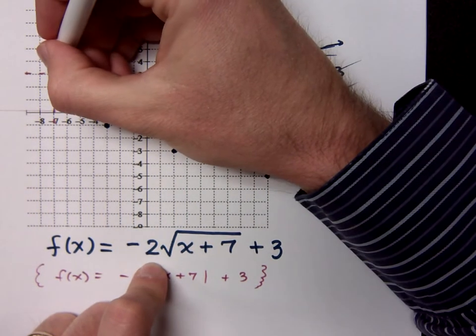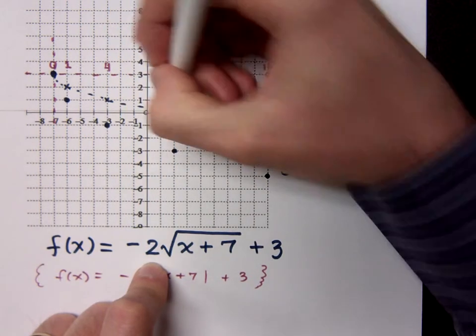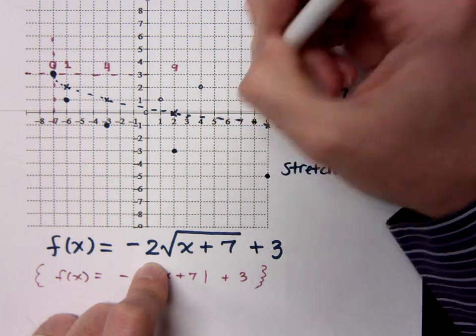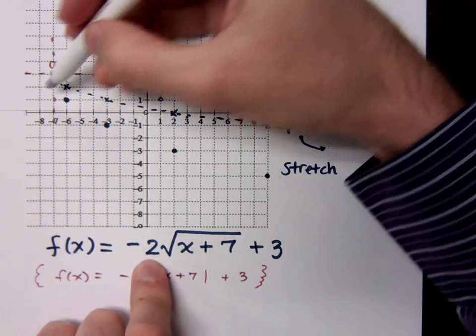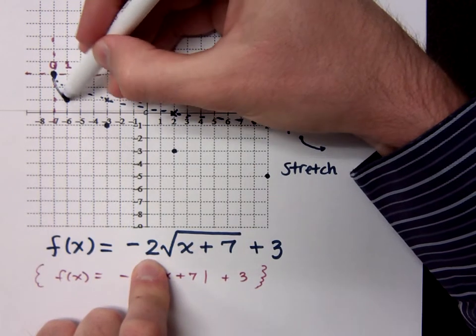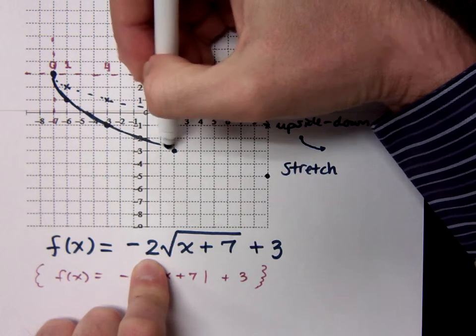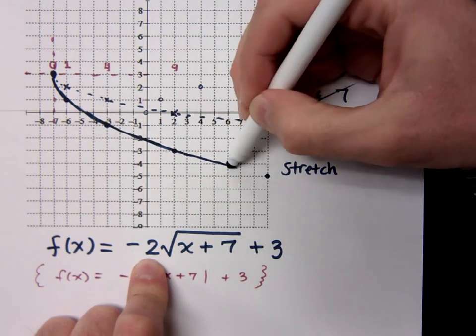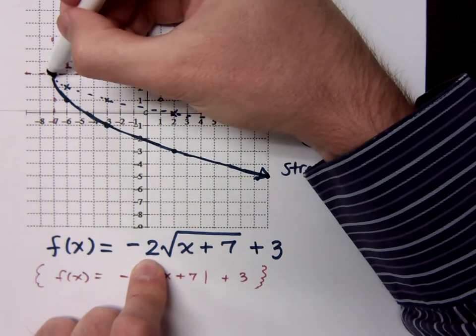If I had not applied this stretch, then you would have had a graph that looks something like that. But now that I did apply the stretch of 2, this is my graph right here. Notice that this point is a beginning point.